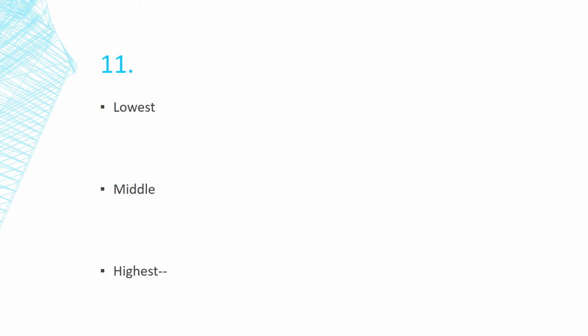So the three things are the heights of fathers and their sons, the heights of husbands and wives, and the heights of women at 4 and at 18. So the lowest is probably pretty evident. It's the husbands and wives. So there's really not a strong correlation between the height of a husband and his wife. The middle one is the fathers and sons.